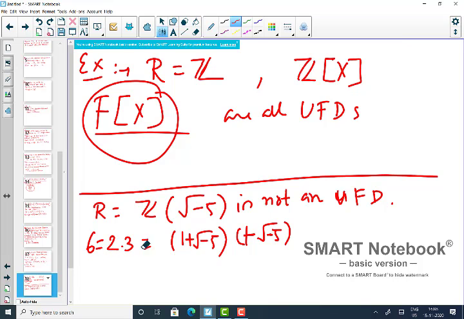These factors are not associated to each other, so the factorization is not unique.